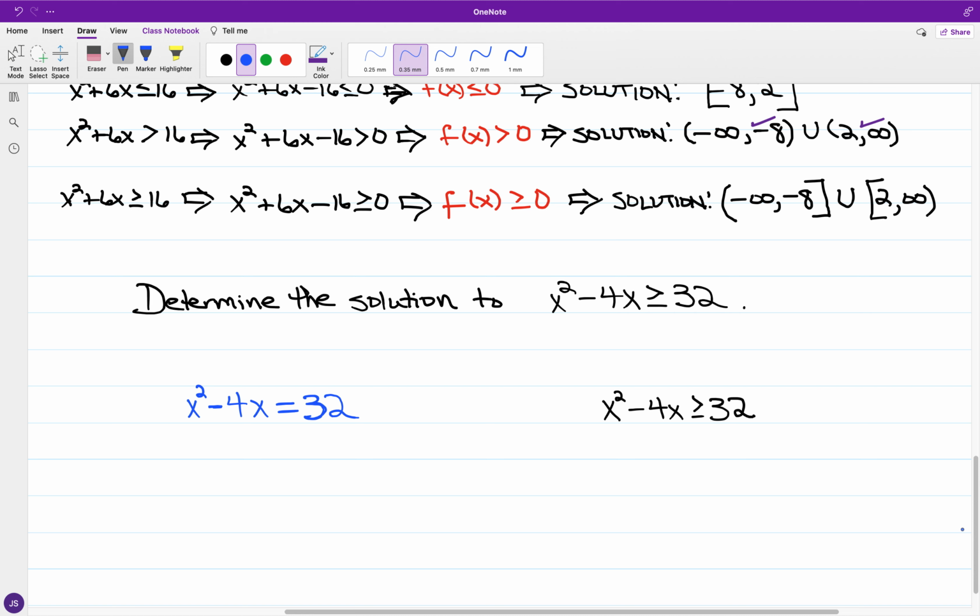Okay, if you're still working on this, that's fine. But again, we have x squared minus 4x is greater than or equal to 32. And we can rewrite what we have here in terms of a comparison to 0 inequality. And we can also establish what f of x is going to be, as well as what the corresponding zeros would be.